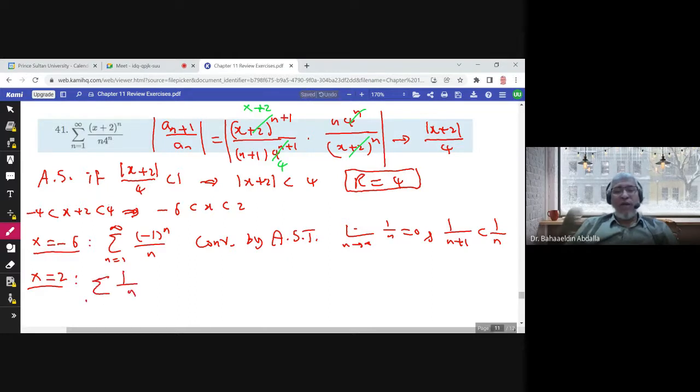So I'll have 1 over n. And 1 over n is the divergent harmonic series. So the interval of convergence is at -6 it's convergent, but at 2 it is divergent.